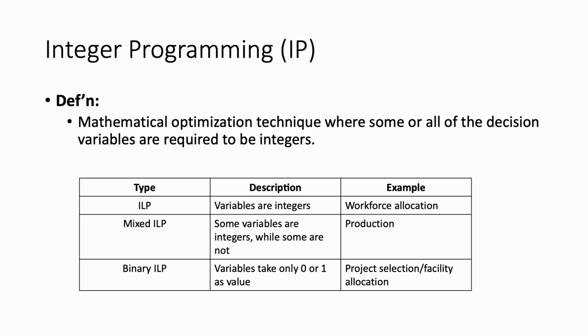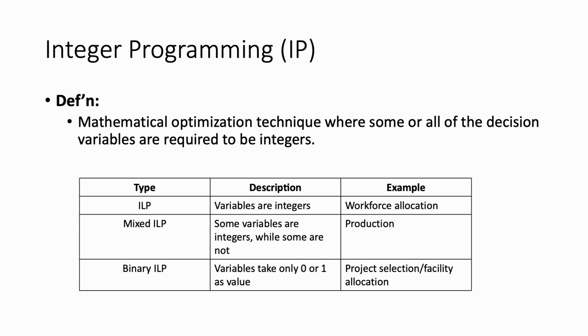Okay. Now, an ILP can be classified as pure, mixed, or binary. A pure ILP has variables that are all integers. An example of that would be worker allocations or any problem that requires integer values.